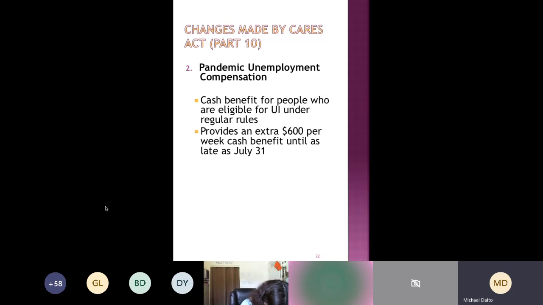Pandemic unemployment assistance, pandemic unemployment compensation. It's hard to keep them straight because they sound so much alike. But pandemic unemployment compensation is a benefit for people who do qualify for regular UI benefits and receive them. What it does is simply add on to that regular UI cash benefit the person gets, and they get that extra $600 a week until as late as July 31st.